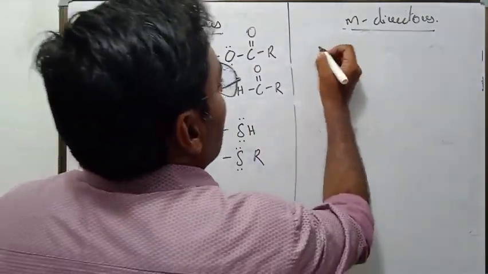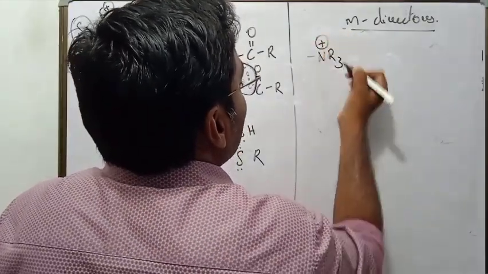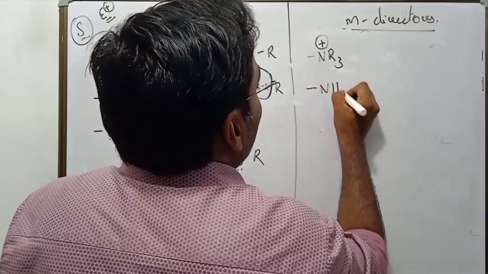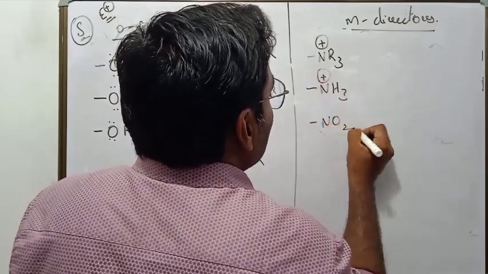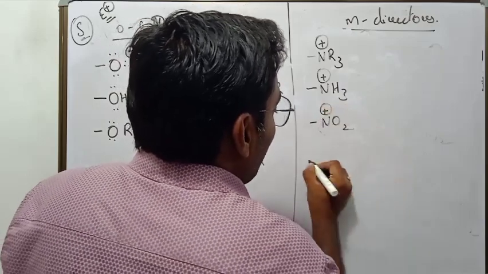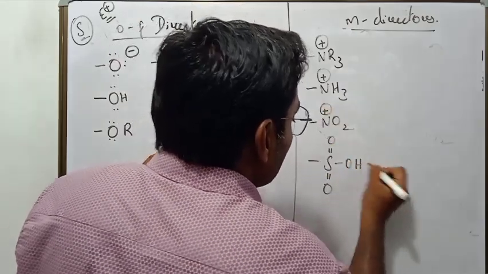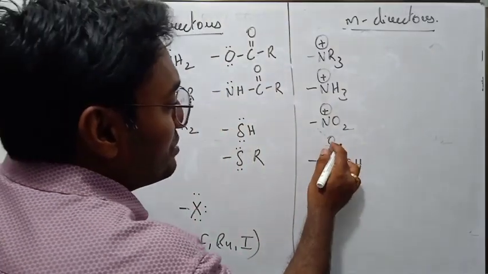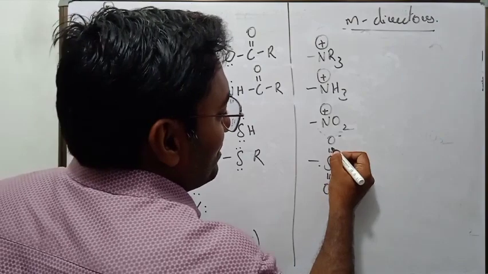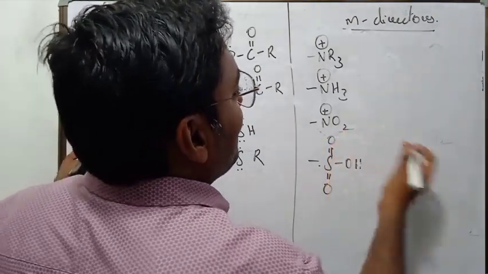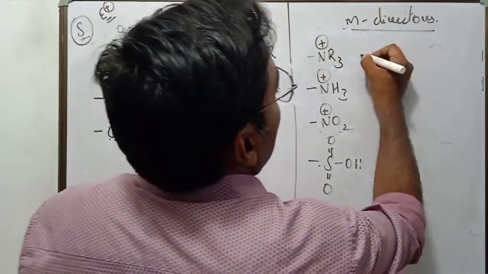NR3 plus, look at the positive charge. NH3 plus, NO2 plus. Look, S double bond O, OH, sulfonic acid. Here also a positive charge can come. When O minus takes electrons, S becomes positive. So directly or indirectly, you are seeing that a positive charge is there.